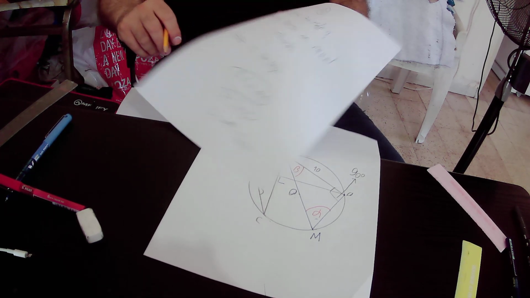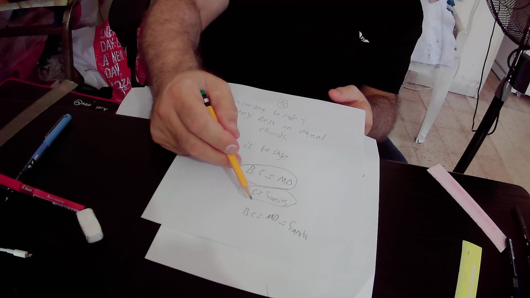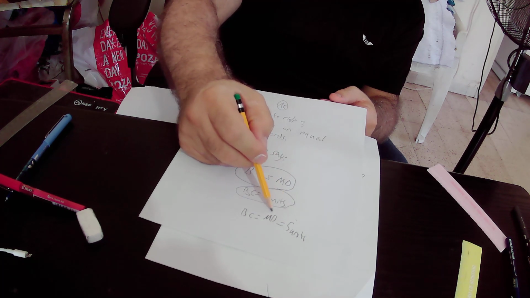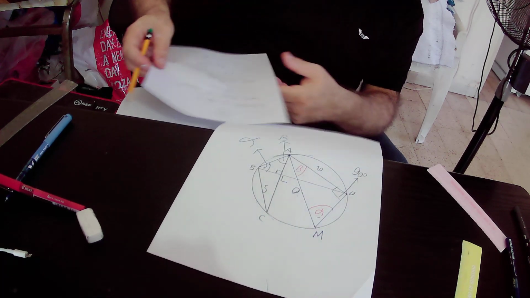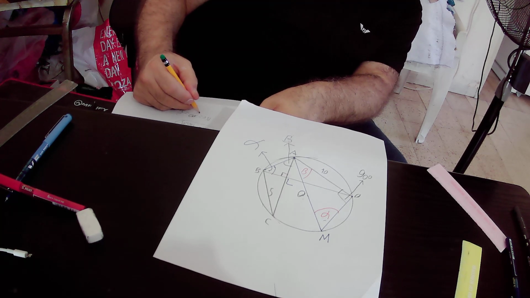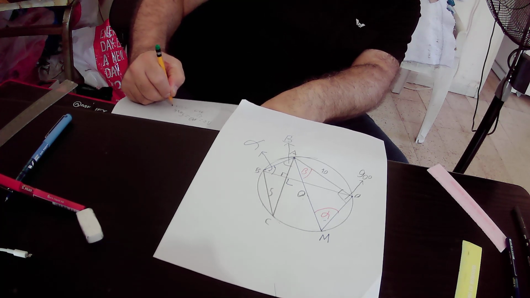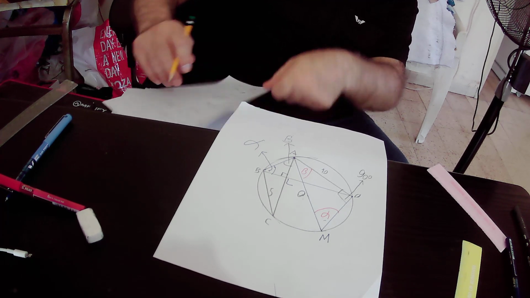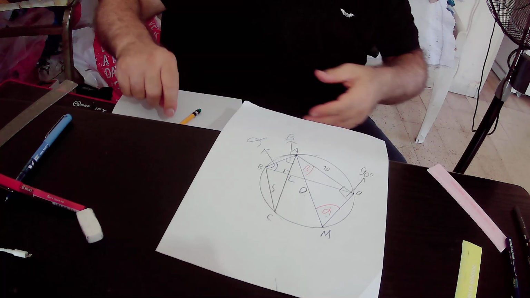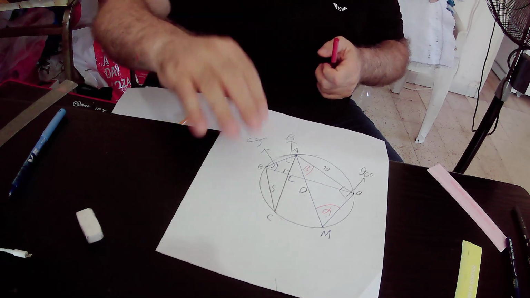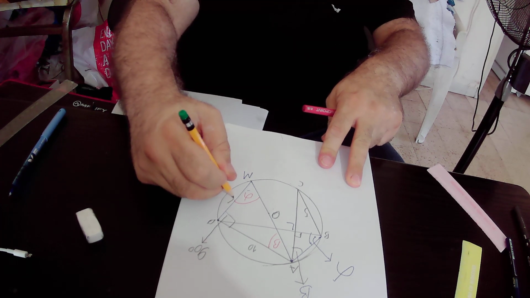We combine these two expressions together, and we can deduce from it that MD equals 5 units.